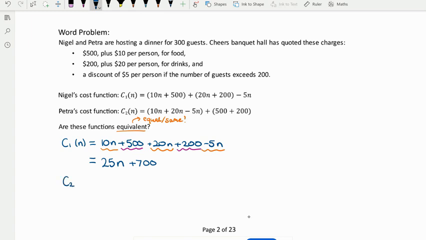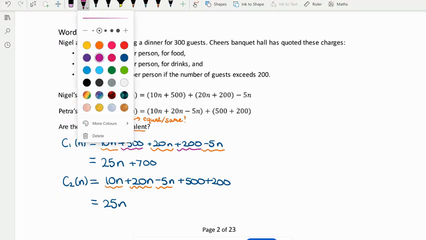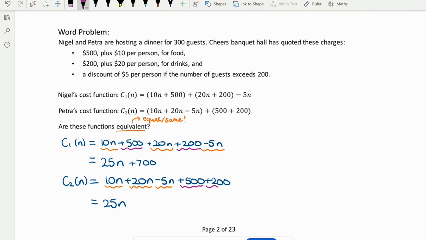Okay, C2 of n, Petra's function. Again, I'm going to write it without any brackets. And same thing, if I add all my n's together, so 10n plus 20, which is 30, minus 5n, which is 25n, and you have your numbers, the 500 plus 200, which is 700.